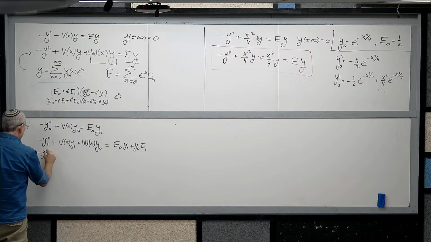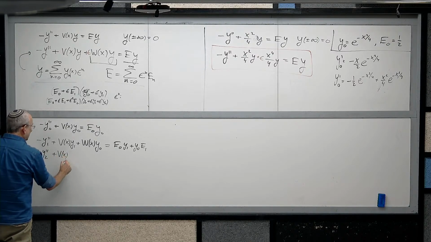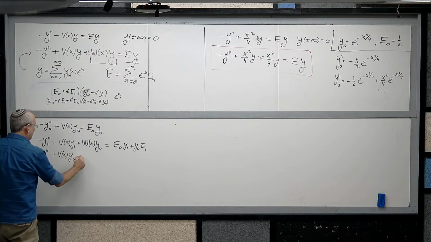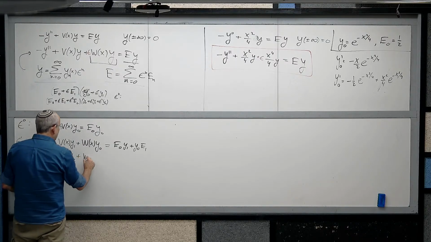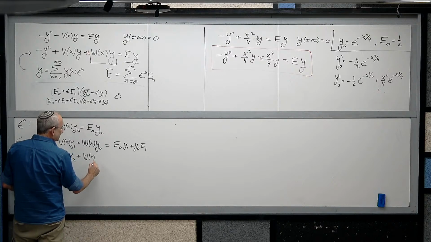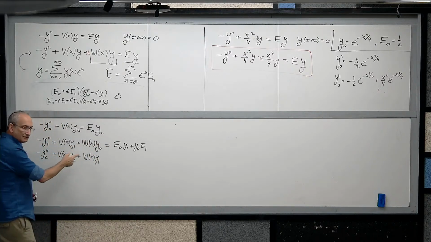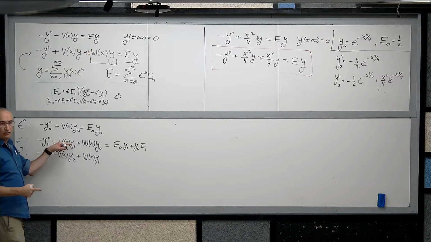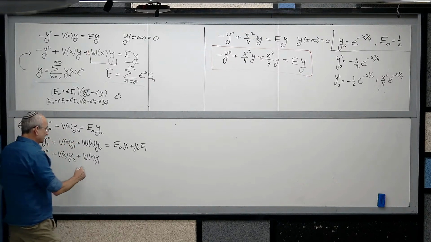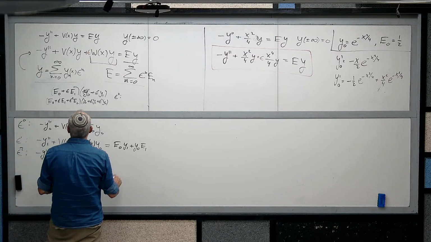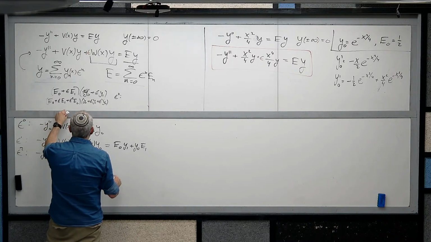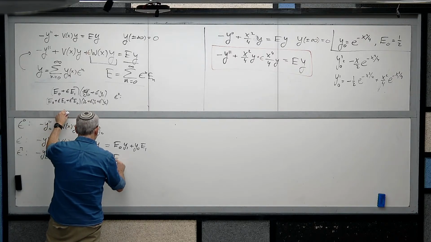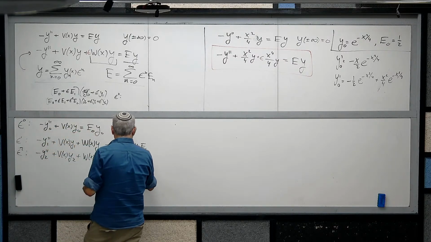Minus y2 double prime plus v of x times y2 plus w of x times y1, which I know from the last step, is equal to E0 y2 plus E1 y1 plus E2 y0.